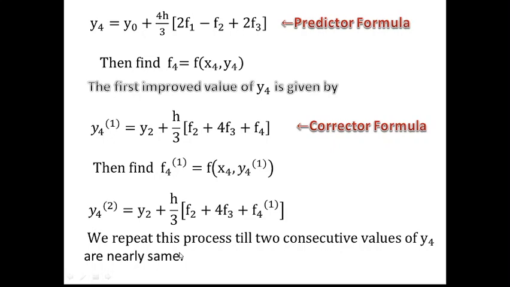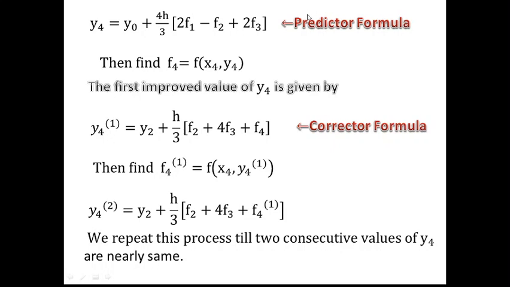Suppose we wish to find the next value of y at say x5, then what do we do? In that case, in this set of formulae, just increase the suffixes of x, y and the function f by 1.